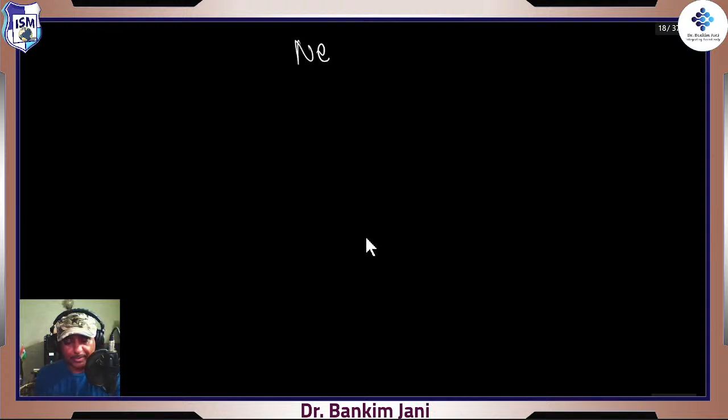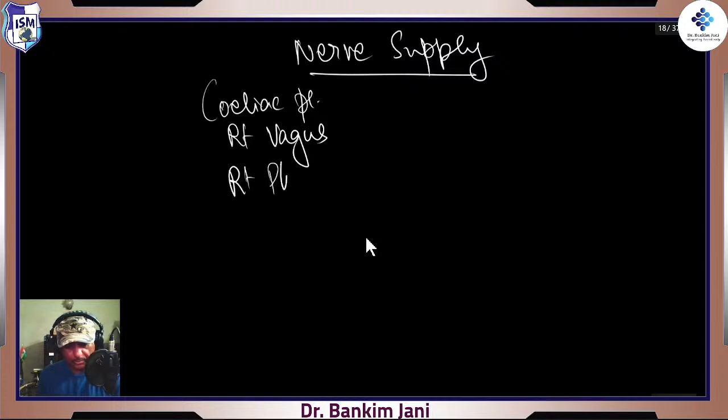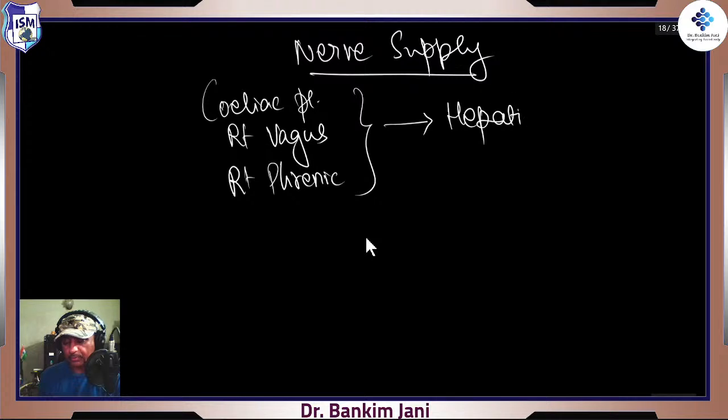Regarding the nerve supply, it is the celiac plexus, right? Then the right vagus. See, all of them together, plus the right phrenic, all these nerves actually lead to formation of what's called the hepatic plexus.